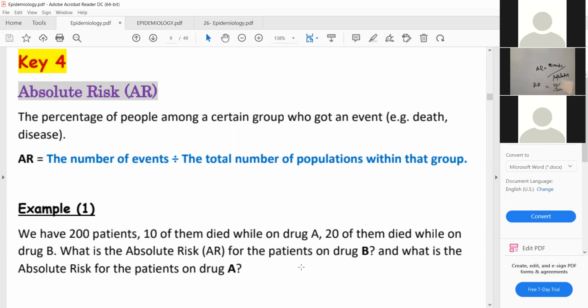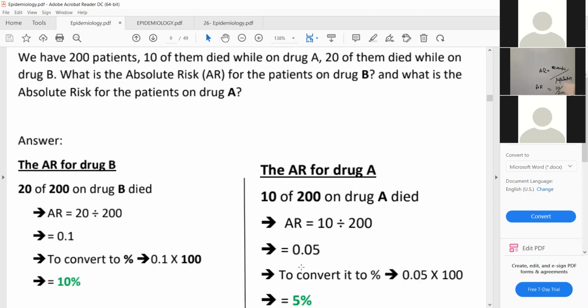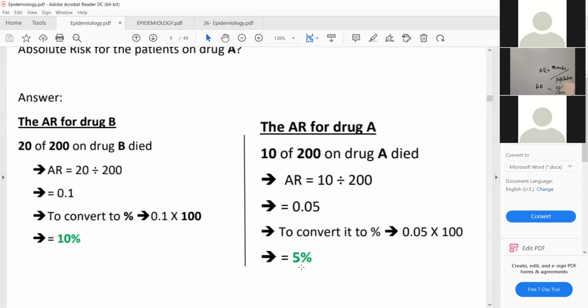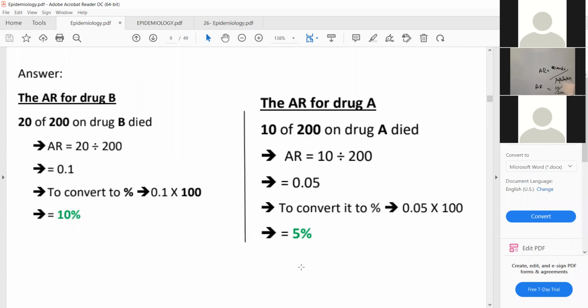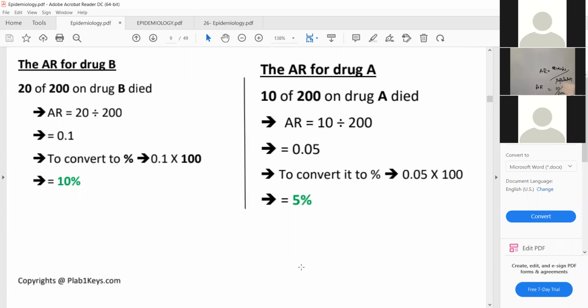So absolute risk for population who is taking drug B is 20 over 200 is 0.1, and to convert 0.1 into percentage, we'll multiply it with 100.